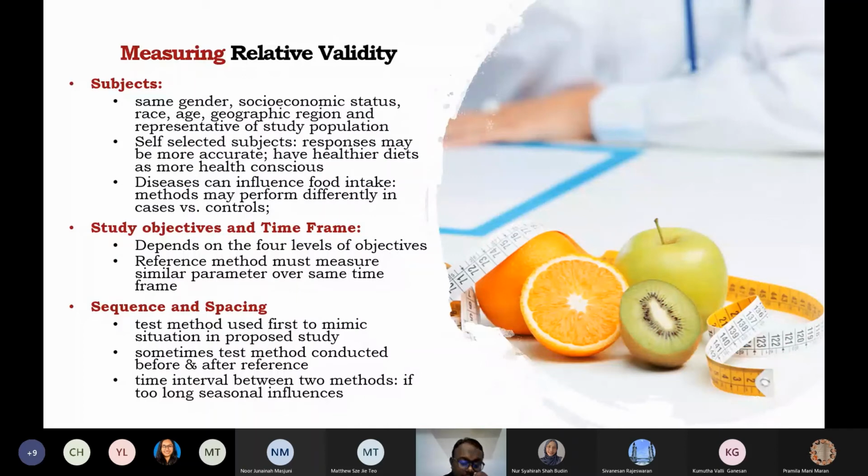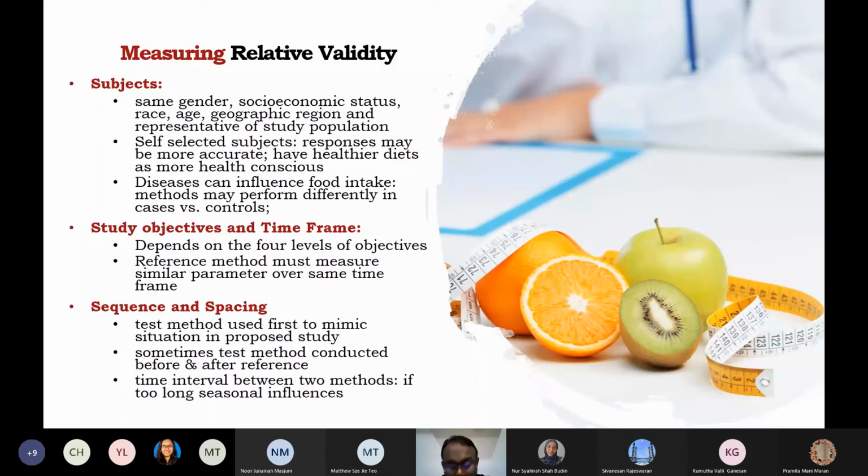So we self-select the subjects so that the respondents may be more accurate, but then those who are self-selected might have a healthier diet or be more health conscious compared to the overall population. Disease of the subjects might influence the food intake. If you have a certain type of disease, it might affect the appetite and also food intake.